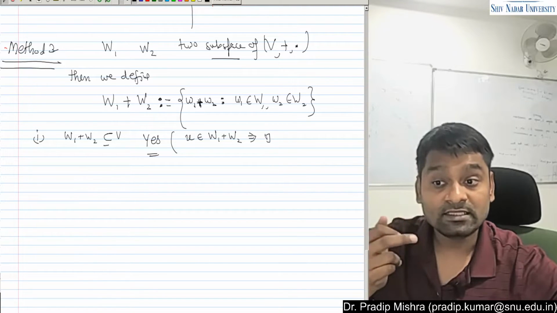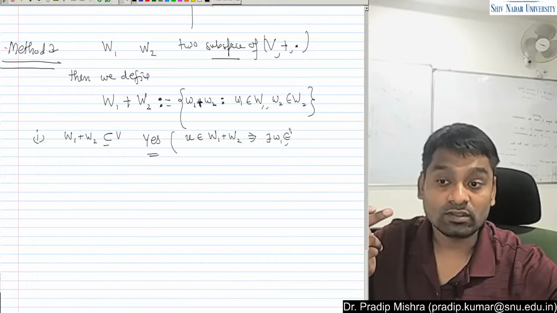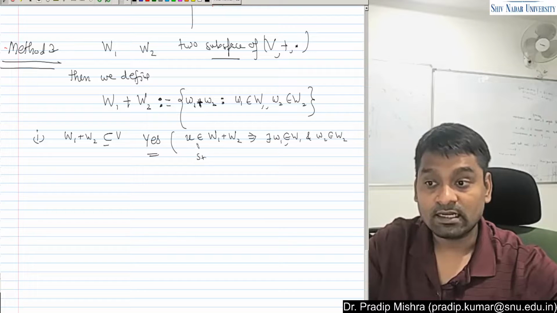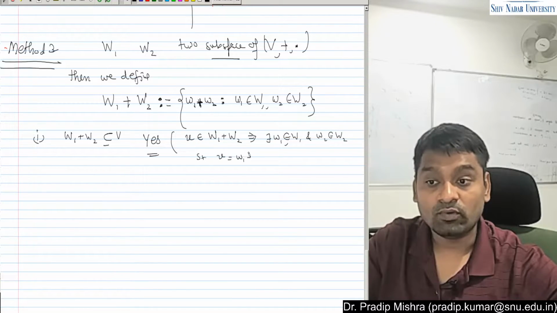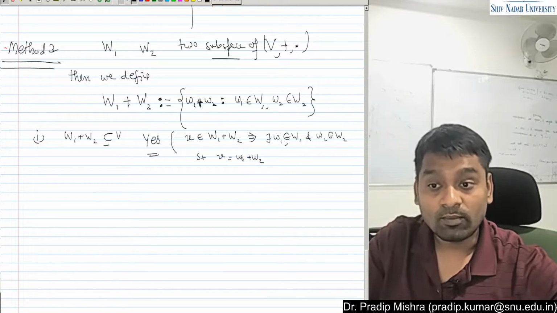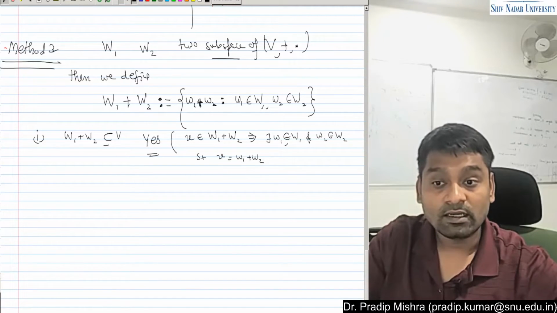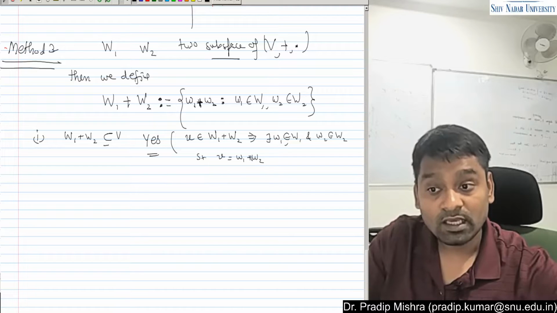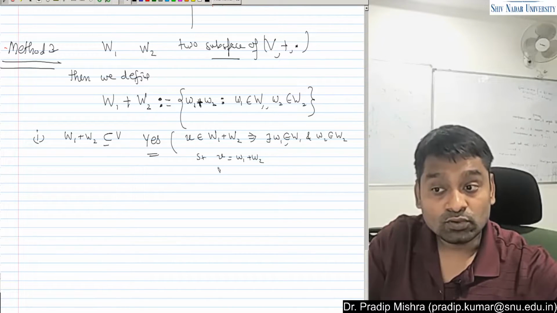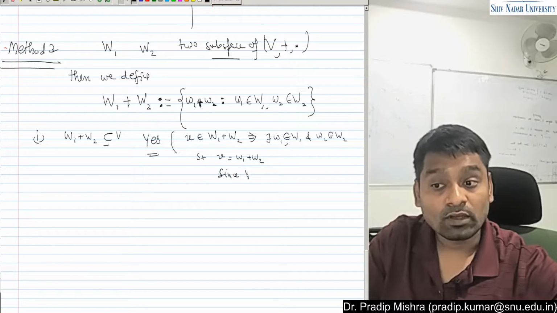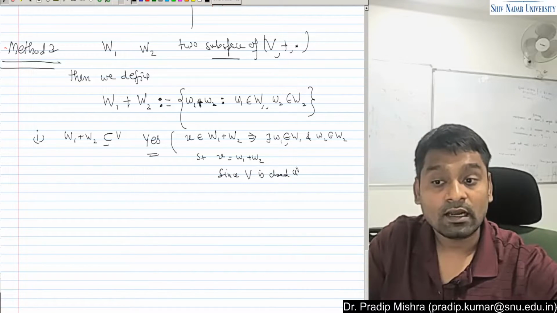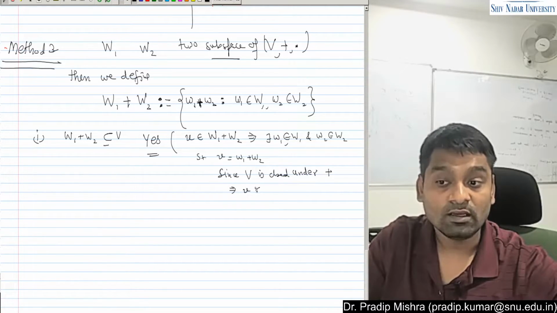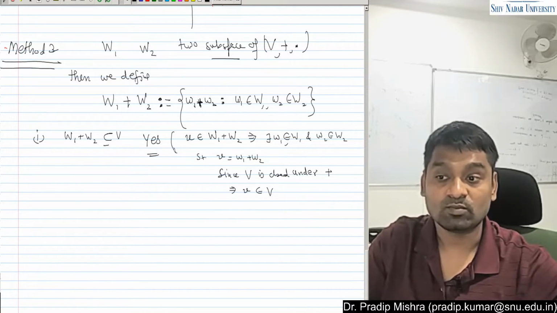This means there exist some w1 in W1 and some w2 in W2 such that v = w1 + w2. Now w1 and w2 are in V, and since V is a vector space, it is closed under vector addition. Therefore v belongs to V.